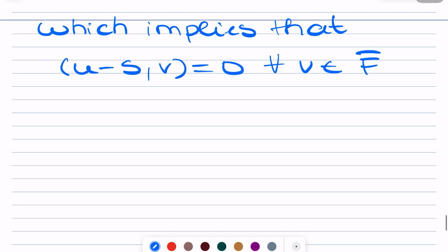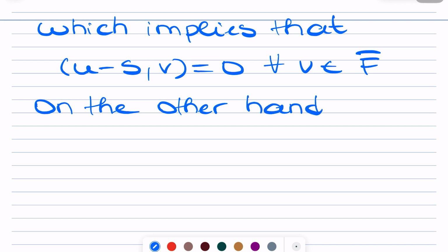Now, on the other hand, S_n, an element of F, right?